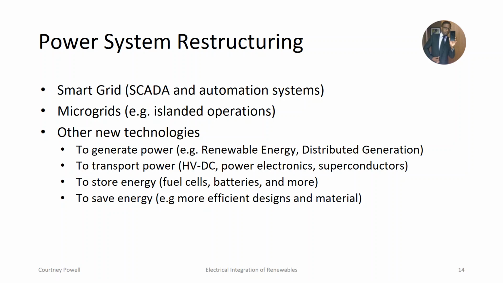We look at the transport of power. So we look at technology such as HVDC, power electronics and superconductors. We look at energy storage, fairly modern, a new technology to the grid.